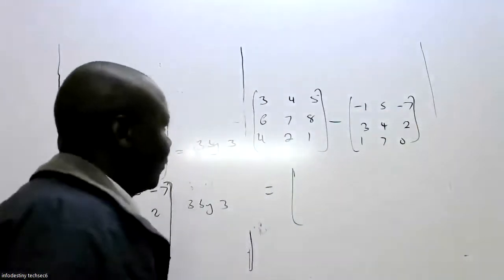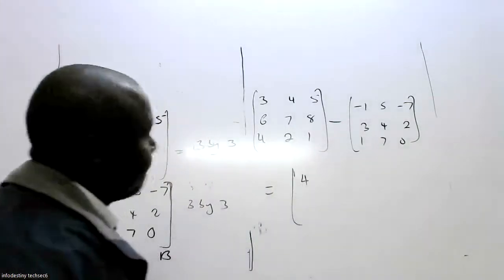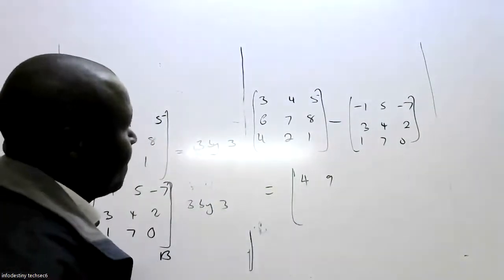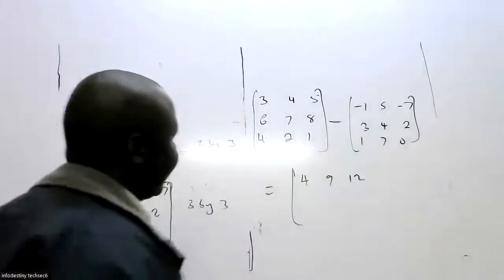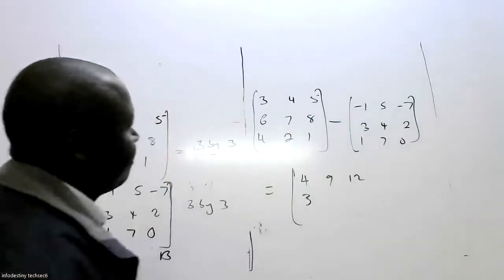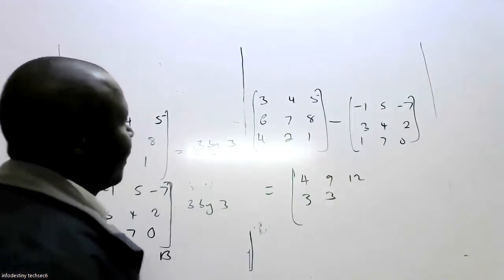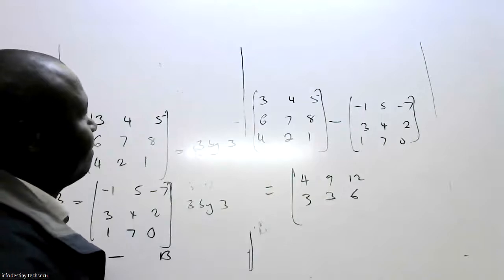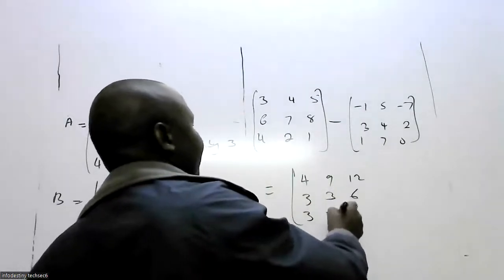So the first one is going to be 4. 9. 12. 3. 5, 7, 6. 3. That is going to be negative 5 there.